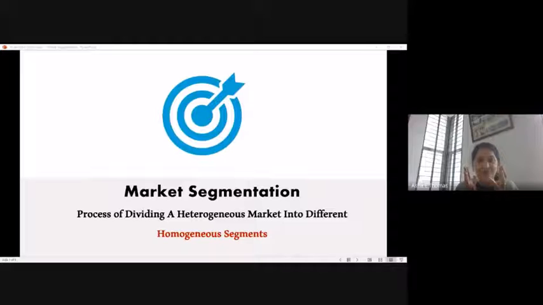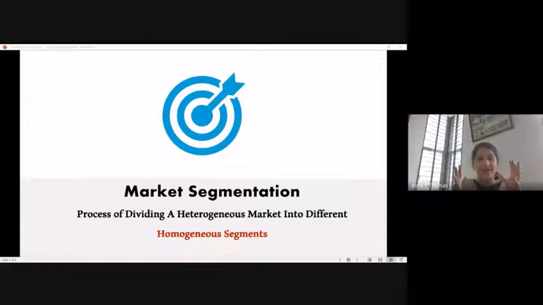That is where segmentation helps us identify our target group, because segmentation is nothing but categorizing the whole market, which is heterogeneous, so variant, so different in its needs and wants, into homogeneous groups in such a way that within each group there would be more or less similarities, and between the groups there would be a lot of differences, right?